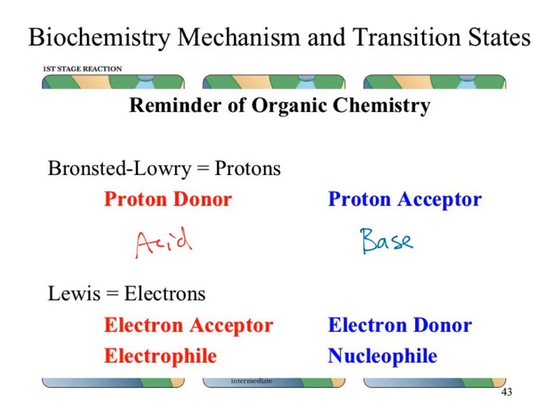We could look at the Lewis acid definition and the Lewis base definition, and yes, this is color-coded. Okay? The issue with looking at the Lewis acid definition, it's an electron acceptor. What does H plus do in a reaction? What do acids react with?